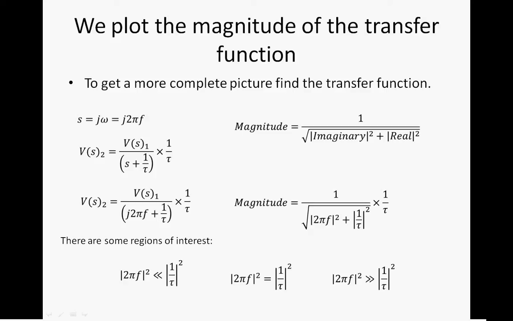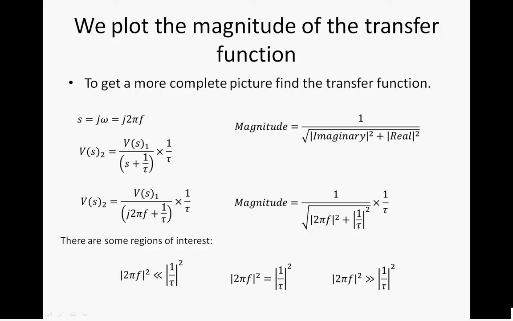So the magnitude here: the real part is just 1, and we just have the imaginary part squared plus the real part squared, and we take the square root of that. So essentially the magnitude becomes the square root of (2 pi f) squared plus (1 over tau) squared, times 1 over tau.